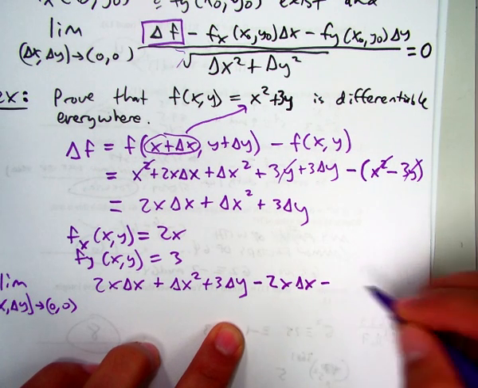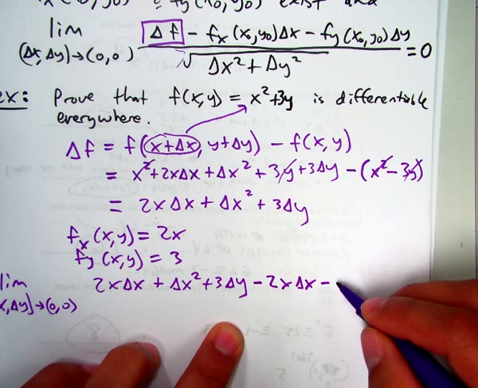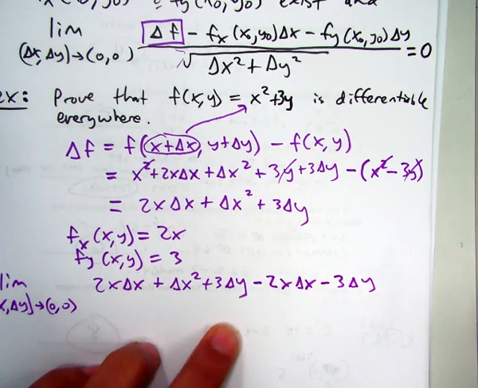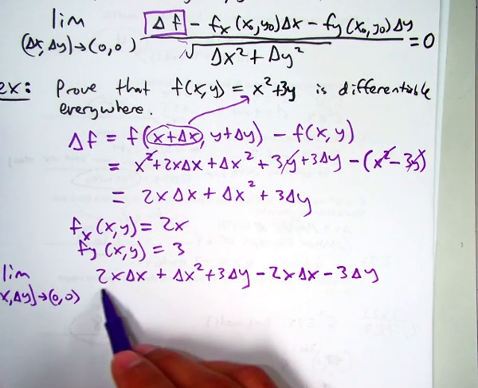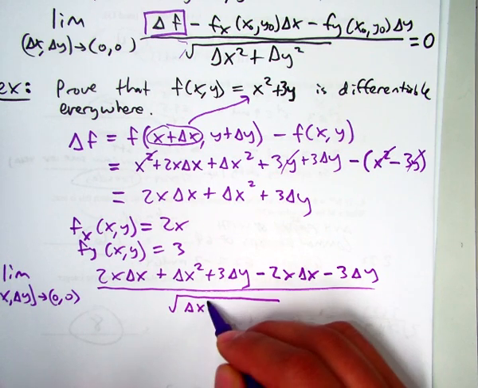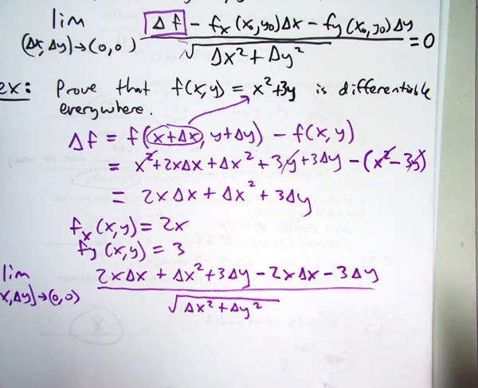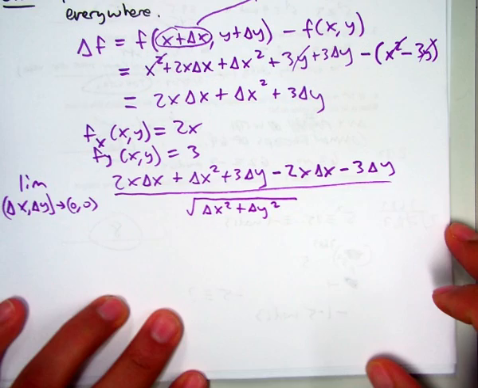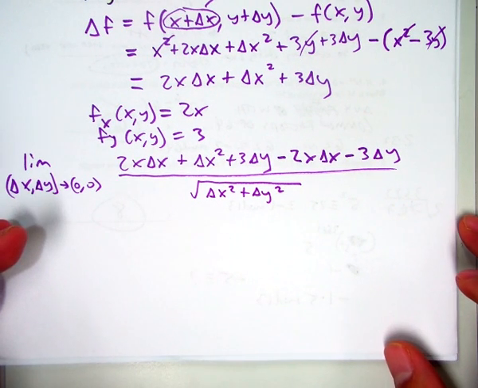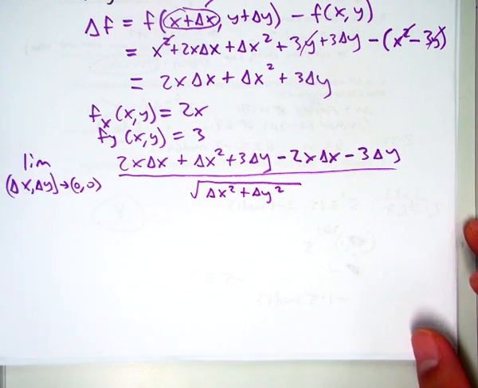What's the next term? Minus 3 delta y. All over the square root of delta x squared plus delta y squared. We're going to try to show that that limit is 0. If it's 0, then this limit exists, and since we're using just x's and y's, not a specific point, we've shown that this is differentiable everywhere.